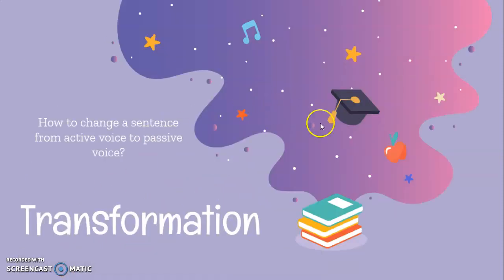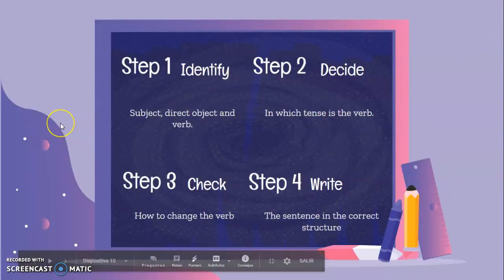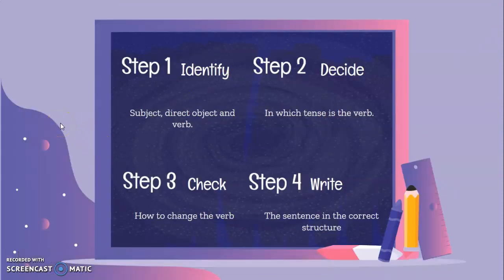This topic is important because the idea is that you learn to transform sentences from active to passive voice and from passive voice to active voice. So how would we change a sentence? These are the steps that you need to follow. The first step is to identify the subject, the direct object, and the verb.